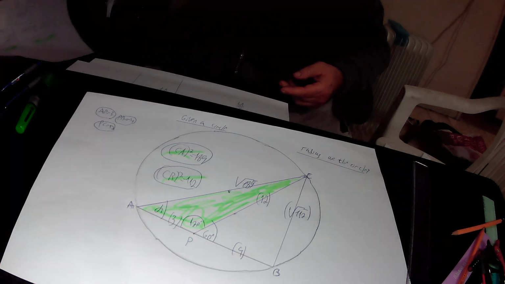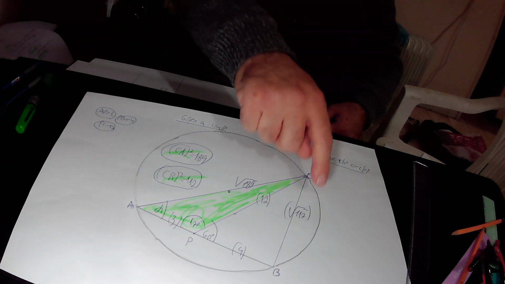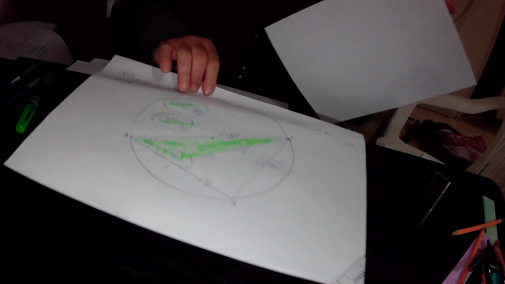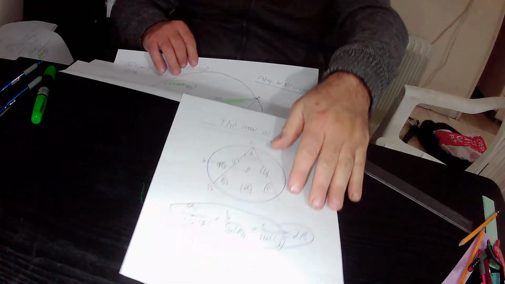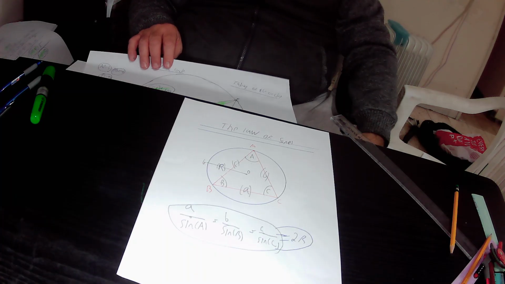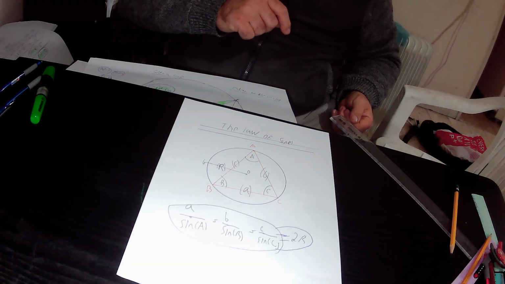The next step, we implemented the law of sines. This is triangle ABC. I already presented the law of sines, but let me go over it again. This is triangle ABC, which could be any triangle.